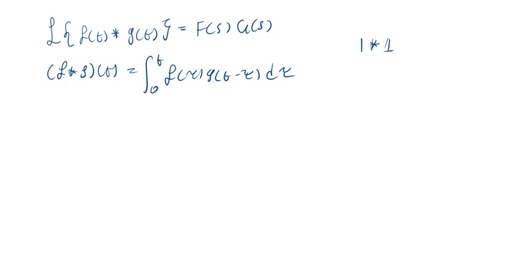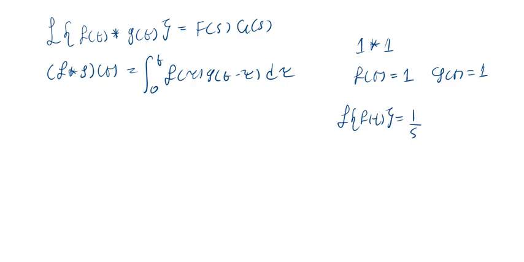So let's say my f of t is equal to 1, then even my g of t is equal to 1. So when I find the Laplace transform of this one, if I say Laplace transform of f of t, this is going to be equal to 1 over s.